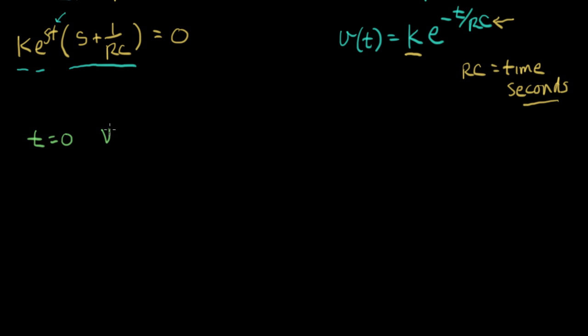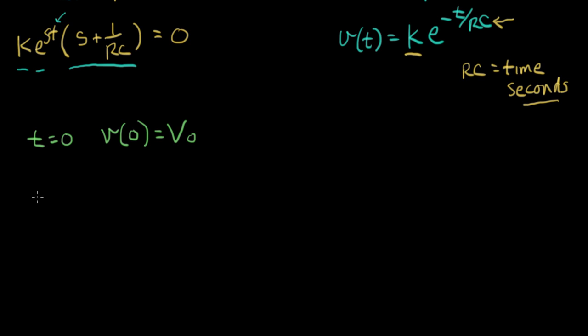So we know that the voltage on the capacitor at time 0 is equal to V naught. So now we have a pair of variables. Let's plug that into our proposed solution and see how k pops out.